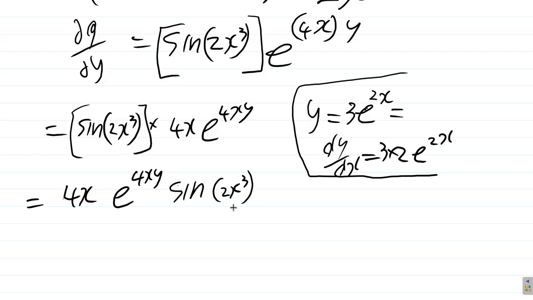That is what you end up with: 4x e to the 4xy sine 2x cubed.